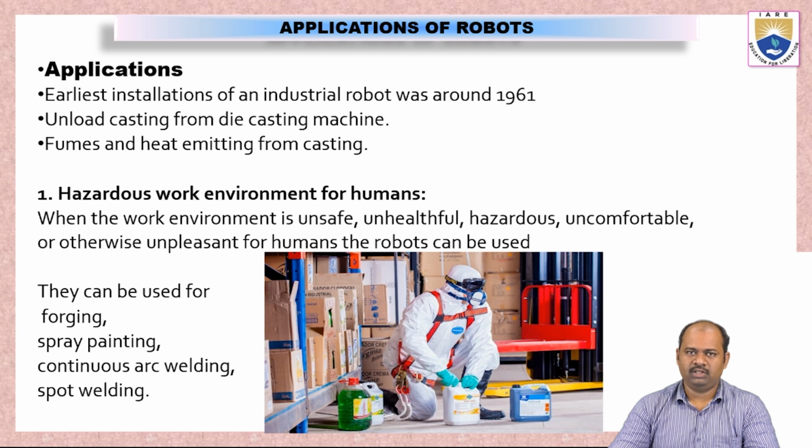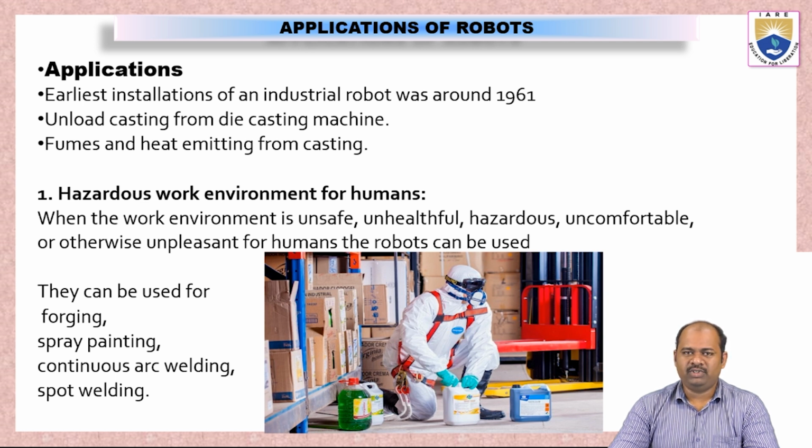During the casting process, the molten metal emits some kind of gases or fumes which are very dangerous for human beings. That is why, while removing the hot object from the mold cavity during casting, we need some other machine which can do the work automatically. Instead of a human being, we need a robot. So the robots are used for removing the hot metal object from the casting equipment because it is of high temperature and it also emits some kind of dangerous gases which are very harmful for human beings.